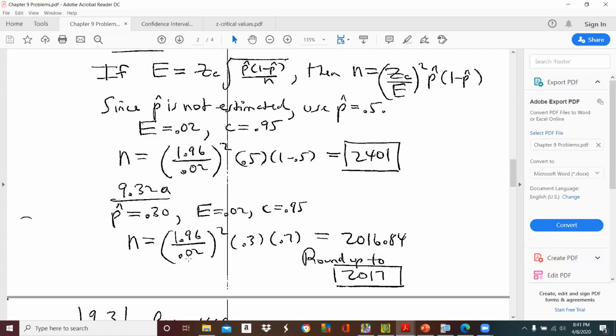My margin of error is 0.02 in the denominator, and I'm going to multiply the square of this by 0.3, which is p hat, times 1 minus p hat, which is 0.7. And notice in this case, I get 2016.84. And if I round it up to the next whole number, my minimum sample size is 2017.